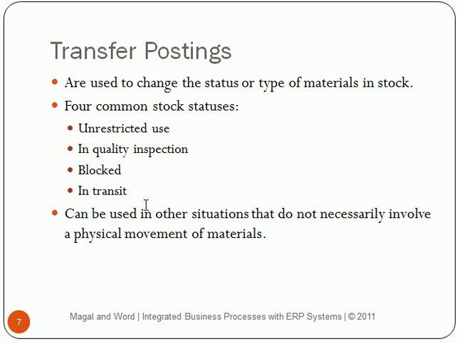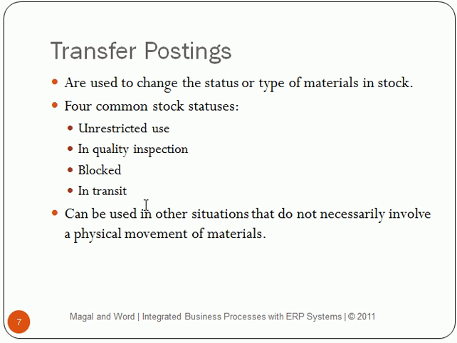So the transfer posting always happens when you're trying to change the status of the material. It may not require any physical movement. For example, you get raw material from the vendor under consignment, which means you don't pay anything until you actually use the material or sell it, if it's a trading good.